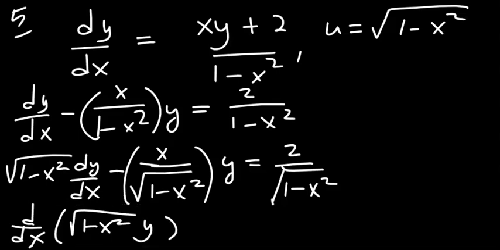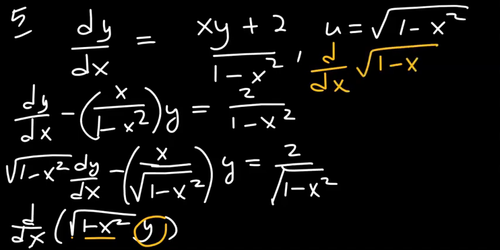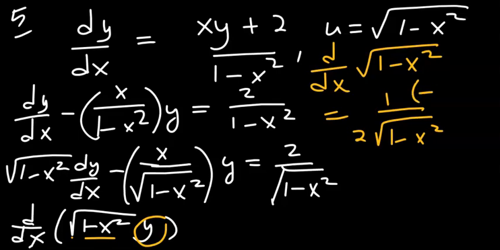Because using product rule, d/dx of this term in the bracket is just dy/dx times that term, which is the first term, plus y times d/dx of square root 1 minus x squared. When you take the derivative of square root 1 minus x squared, it is just 1 over 2 square root 1 minus x squared times minus 2x.